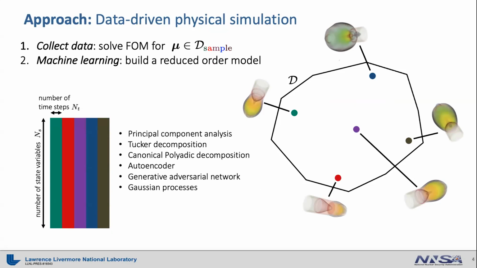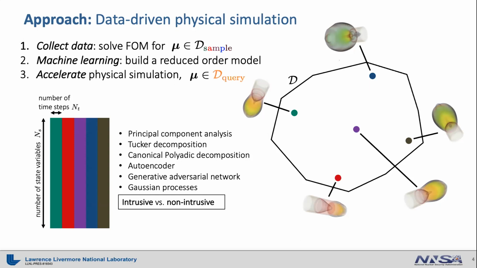And various machine learning techniques are available as listed here. So various reduced order model types are possible, but depending on how much you incorporate physics laws in reduced order models, it can be intrusive or non-intrusive. I will go over some advantages and disadvantages of intrusive and non-intrusive methods in the next slide.